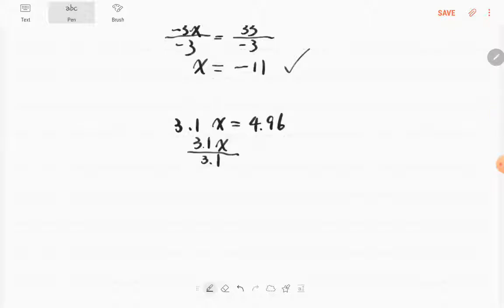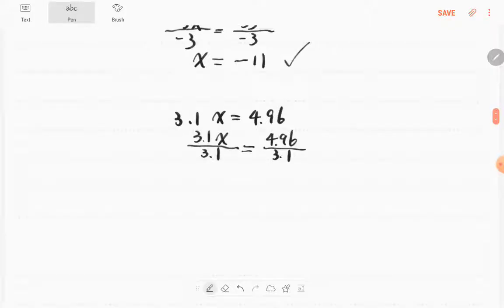The coefficient of x is 3.1, so divide by 3.1, but make sure you do it for both sides. Then x equals, you can do the division. This side you will have 1.6. Okay.